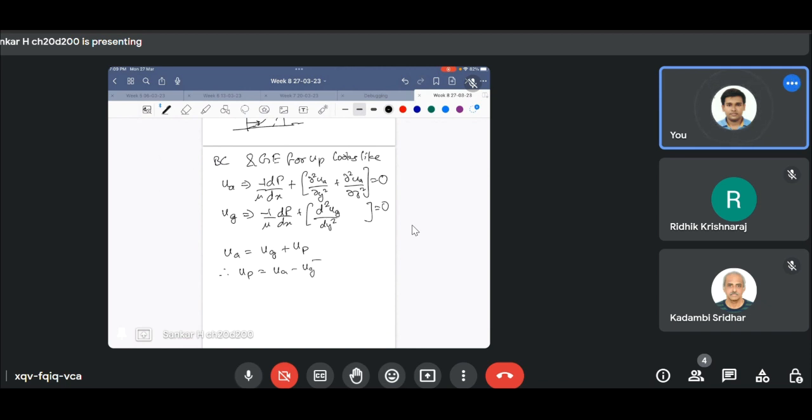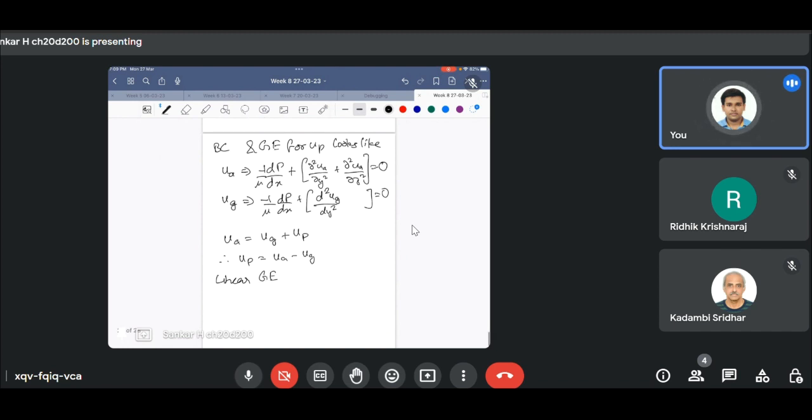Since this is a linear problem, we are dealing with linear governing equations. When we solve for UA and UG using the governing equation and the boundary condition shown here, we should expect the particular solution to also follow the governing equation.